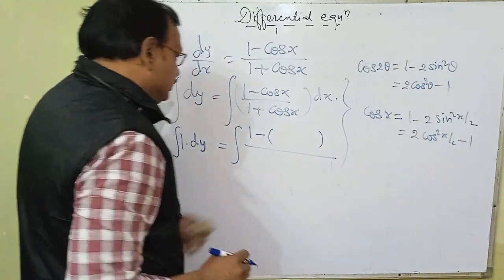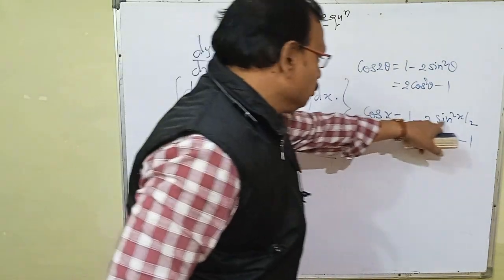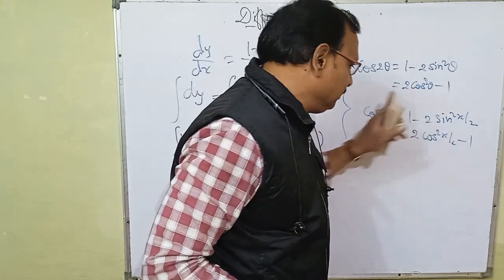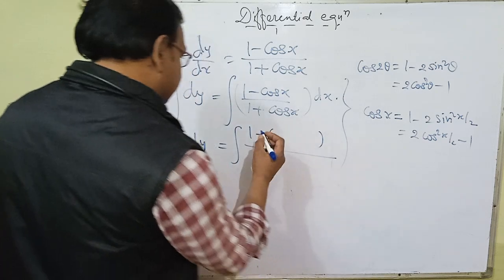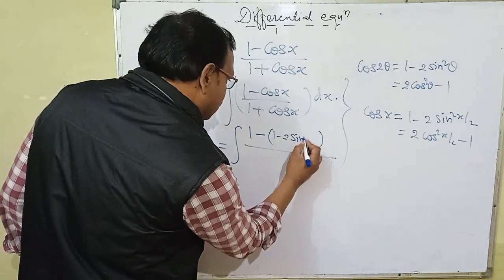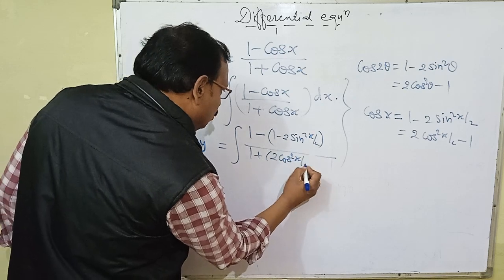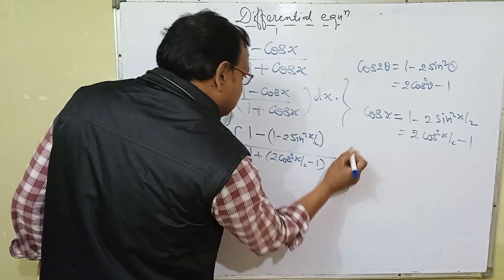So substitute 1 minus 2 sin square x by 2 in place of cos x and 2 cos square x by 2 minus 1 in place of cos x. We find dy = (1 - 1 + 2 sin square x by 2) upon (1 + 2 cos square x by 2 - 1) dx.